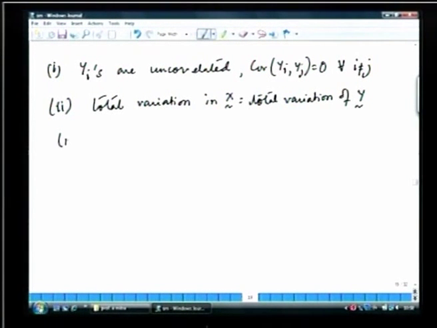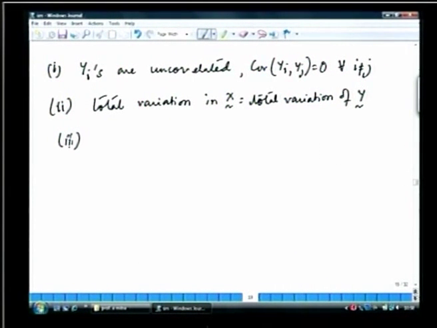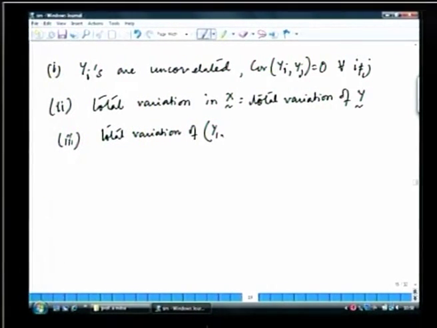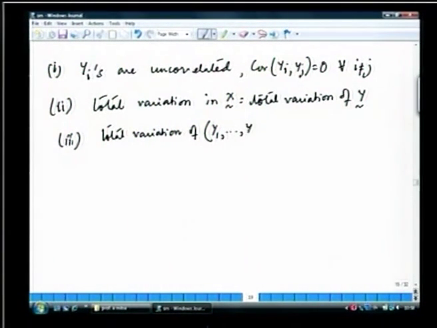Because here comes the most important point: the total variation of y, which is of y1 to yp, is approximately equal to the total variation of y1 to yk.